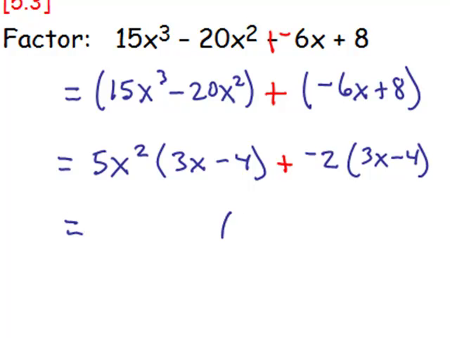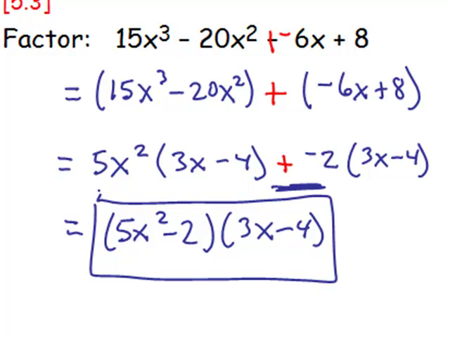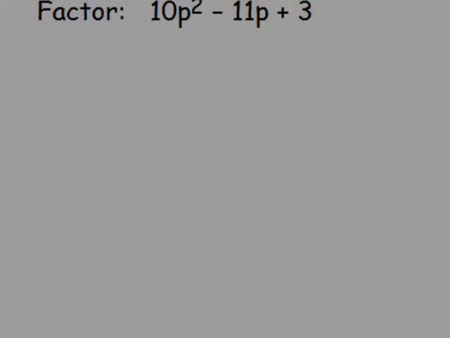So the common factor of 3x minus 4 now is extracted, and that leaves us with 5x squared plus a negative 2 is the same thing as minus 2. As before, it's a good idea to multiply that back together to check the work.